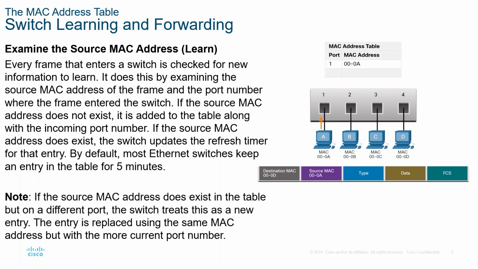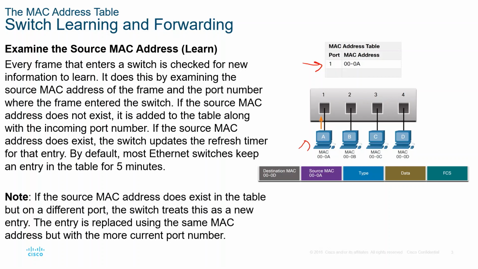If you look at this diagram, host A starts sending a frame. The switch will check the source MAC address of host A and the port number where the frame entered the switch, which is port number 1. This is the entry that will be stored in the MAC address table.